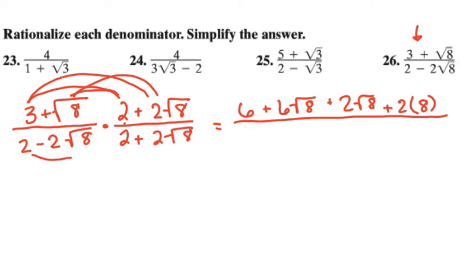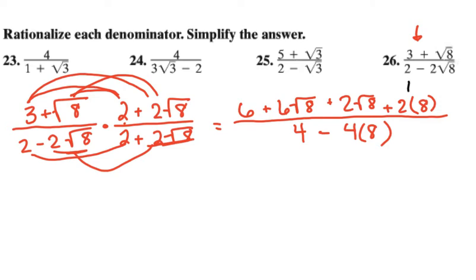Now we have 2 times 2, which is 4, and then minus 2 root 8 times 2 root 8 is going to give us 4, and then times that 8, because 2 times 2 is 4, root 8 times root 8 is 8.